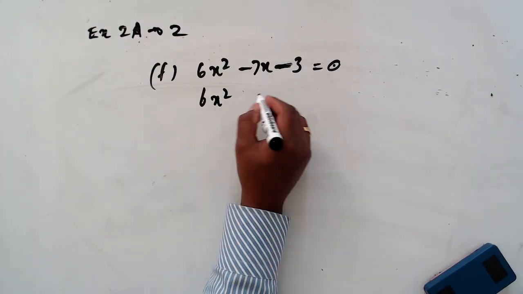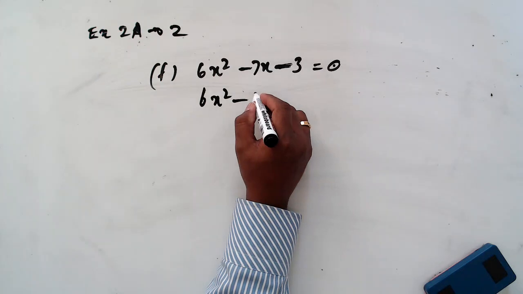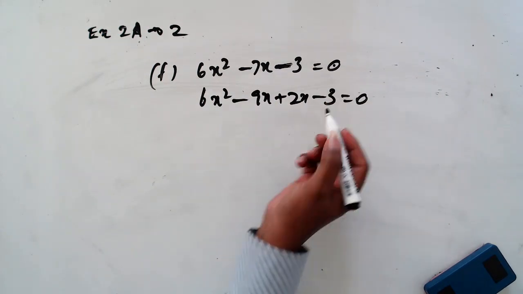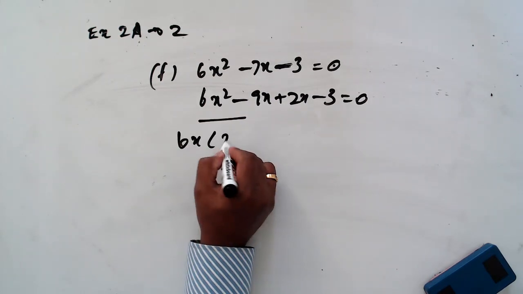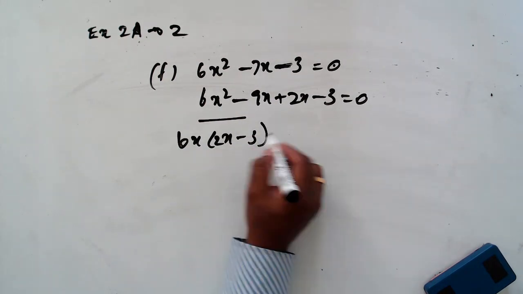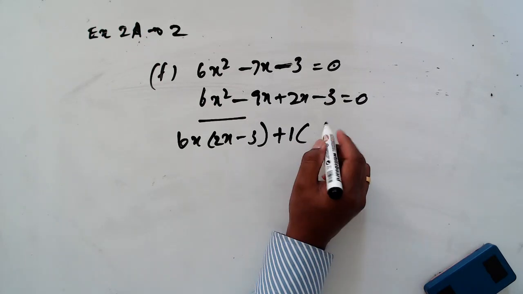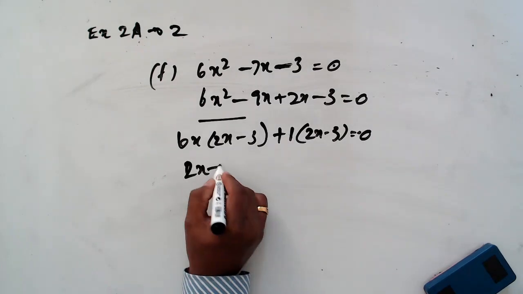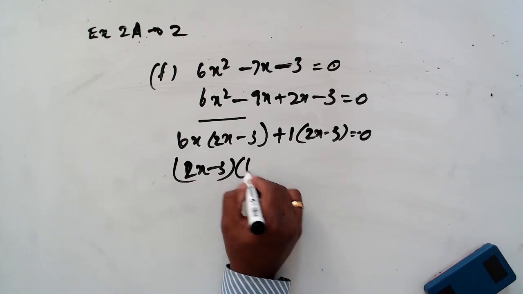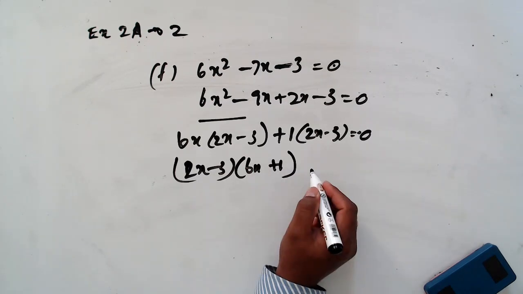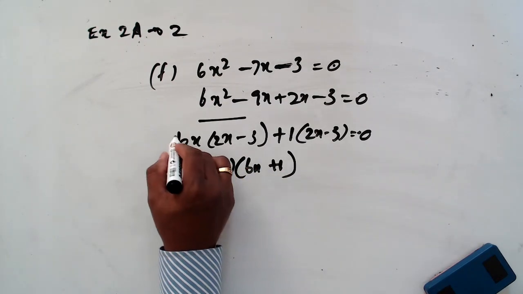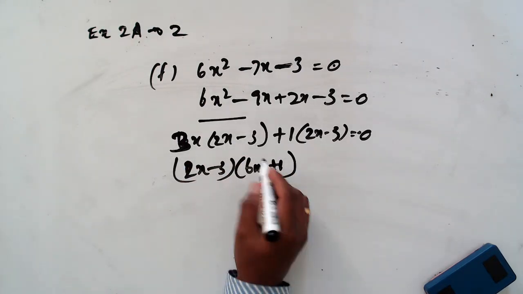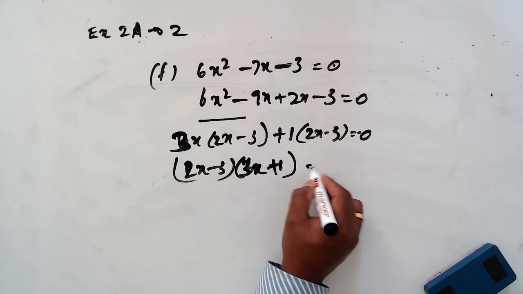Question F: 6x square minus 9x plus 2x minus 3 equals 0. So 3x is common, 2x minus 3, and plus 1 is common, 2x minus 3 equals 0. 2x minus 3 is common, 3x plus 1 equals 0.